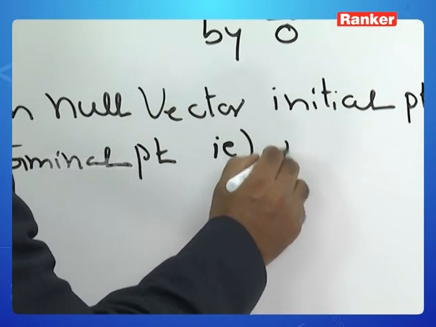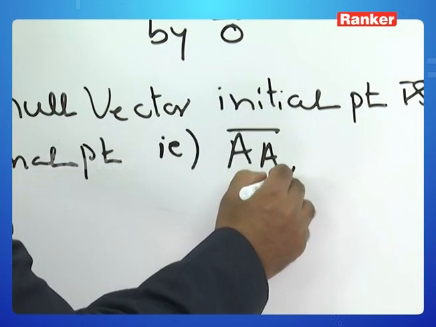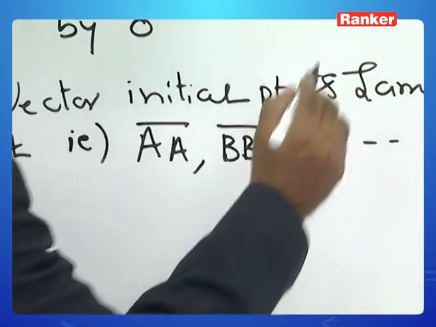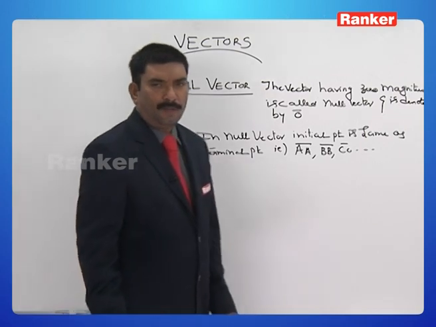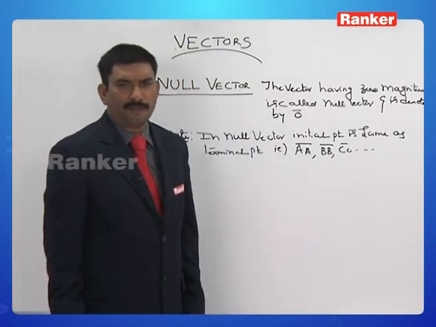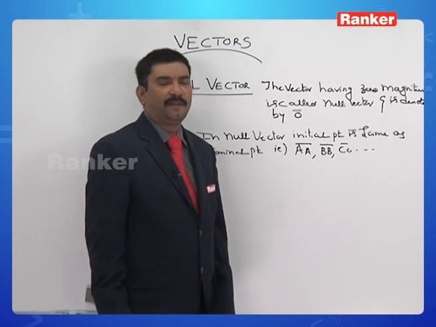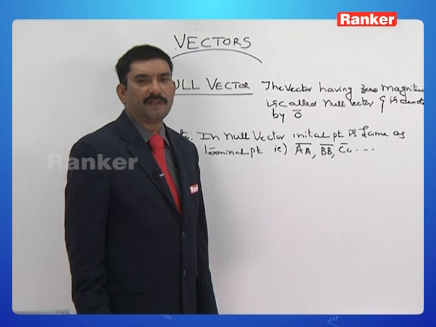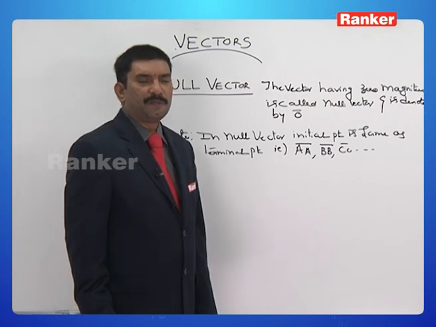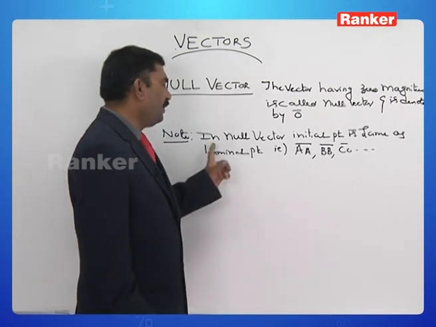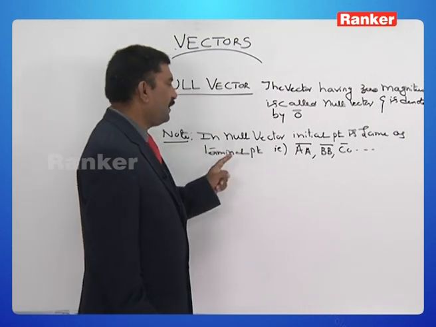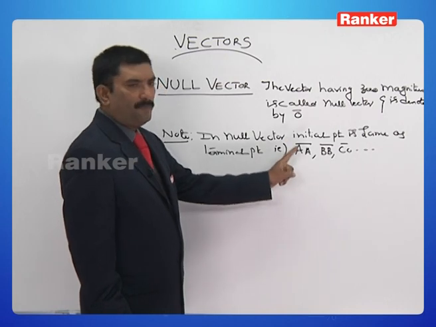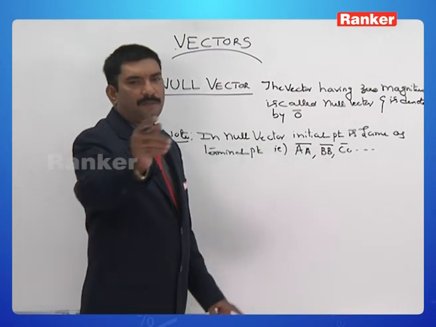That is AA bar, BB bar, CC bar. Even though this definition looks very simple, it has wide applications in vector addition. So now look here. A null vector is a vector in which the initial point is the same as the terminal point, that is AA bar, BB bar, CC bar, and so on.